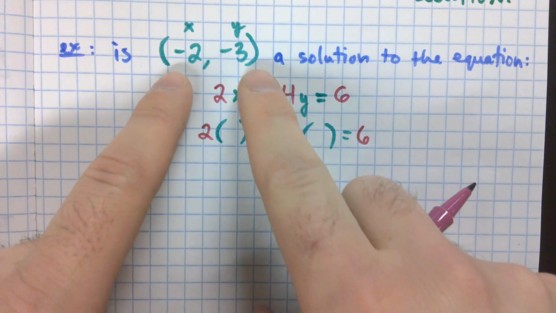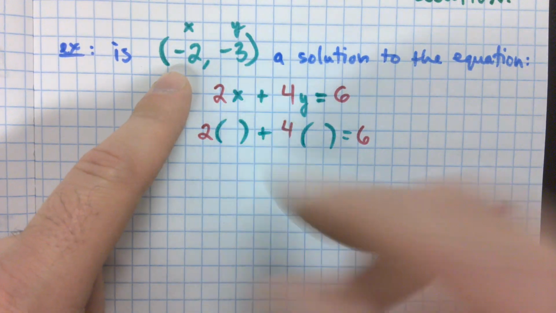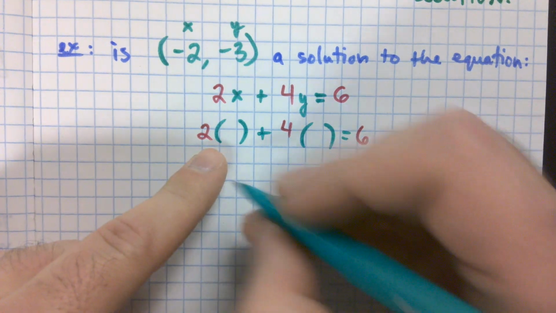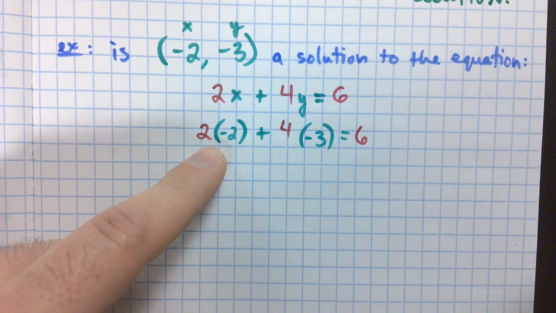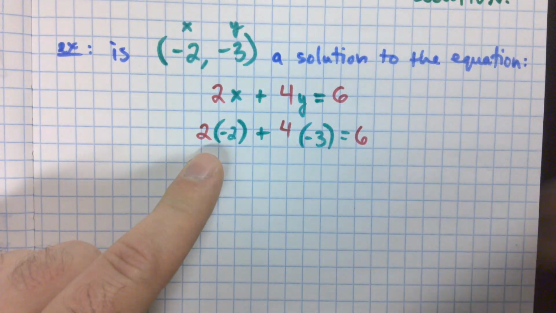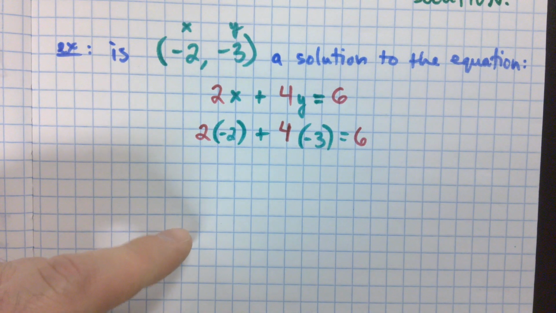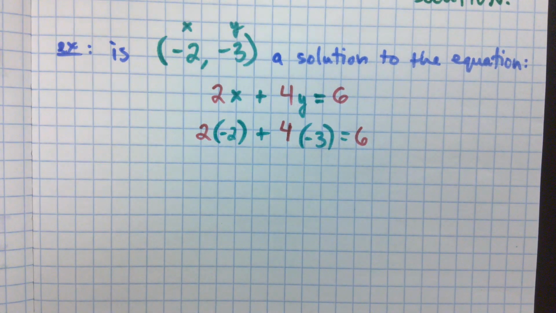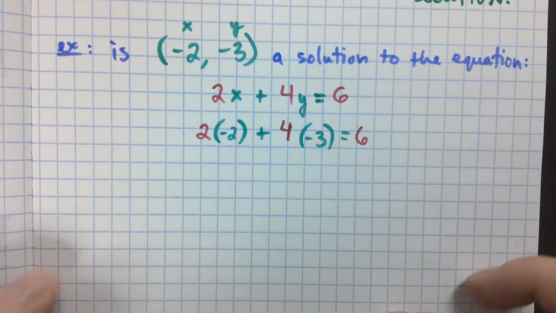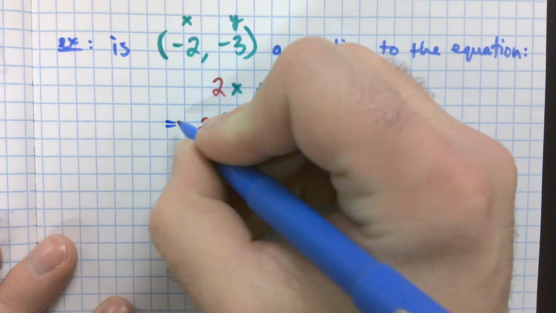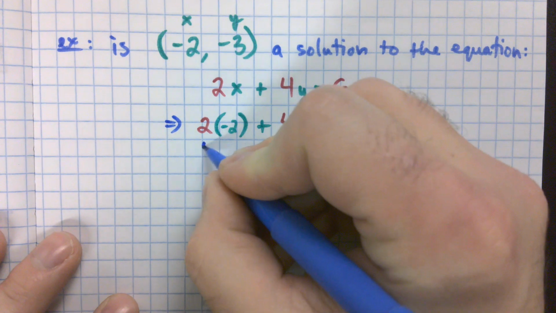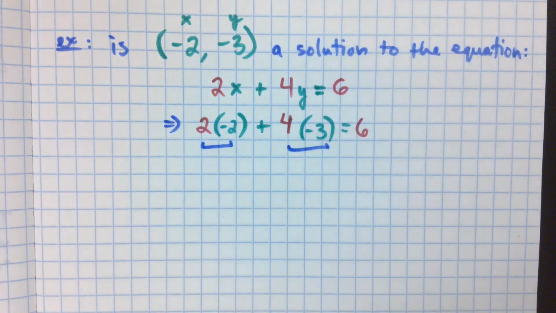We're going to substitute in our x and our y from the point. 2 times -2 plus 4 times -3 is equal to 6. Now, we don't know if that's equal to 6. We've got to multiply, solve it out, and find out. Okay? Give you guys a minute to catch up to that, and we'll go through this process together.